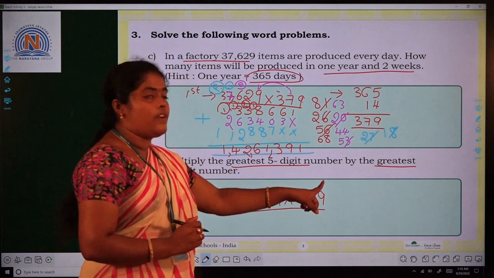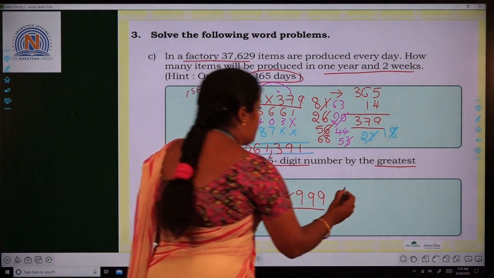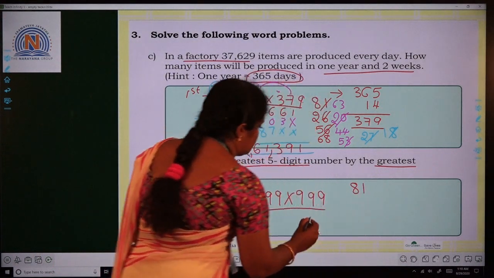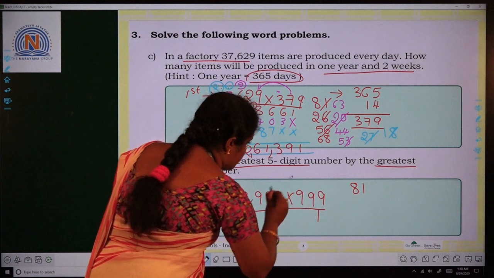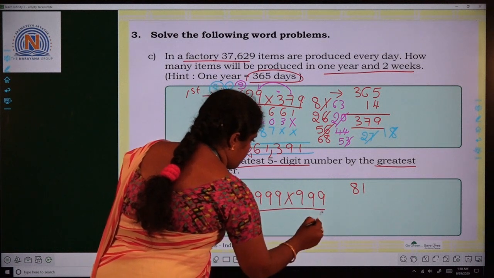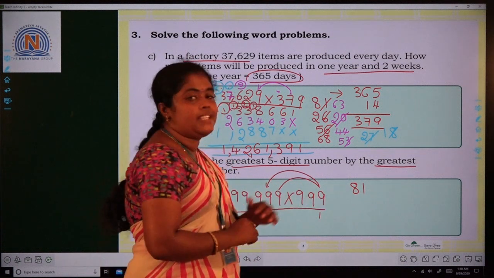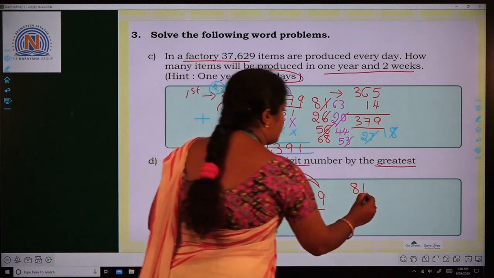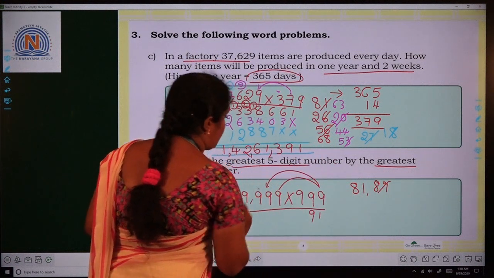Here we have to start with ones place onwards. 9 nines, how much? 9 nines 81. Again 9 nines, 81 plus 8, 89. 9 we write down, 8 is carried to the next place.